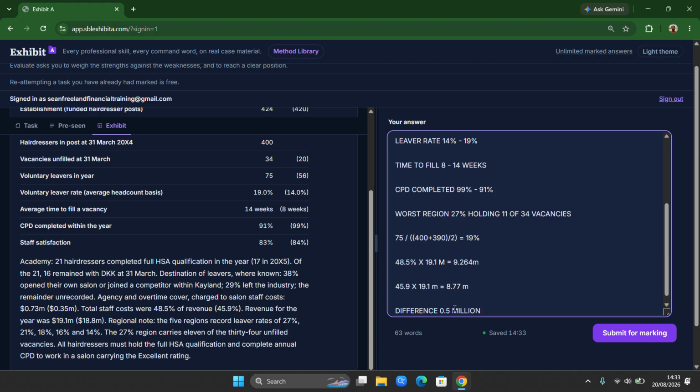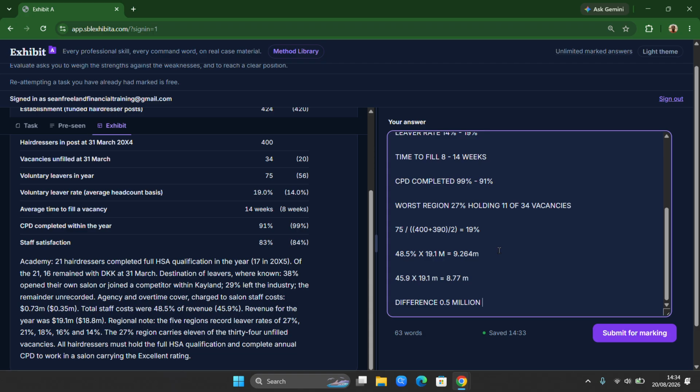Second, staff costs are 48.5% of revenue, and revenue is 19.1 million, so that's 9.26 million. At last year's 45.9, the same revenue would have carried 8.77. So about $500,000 of extra staff costs, which isn't in the exhibit, and is one you're expected to calculate yourself. That is the kind of number that will actually earn you marks.